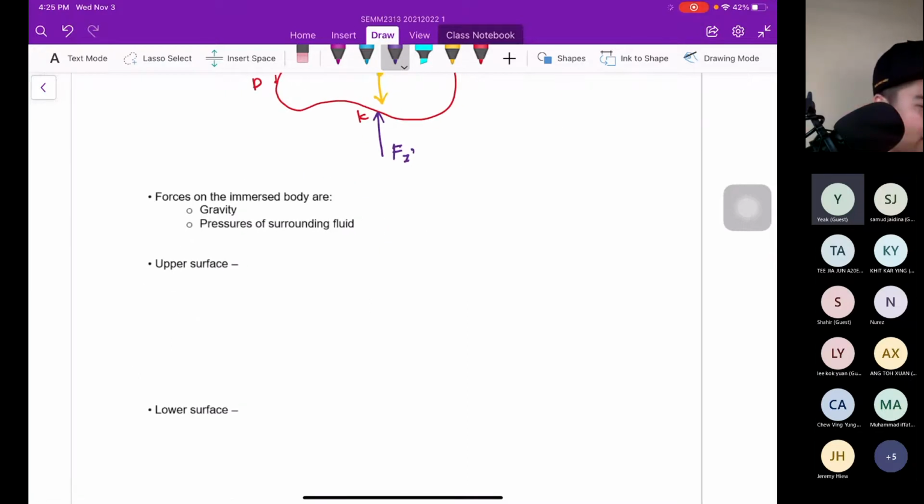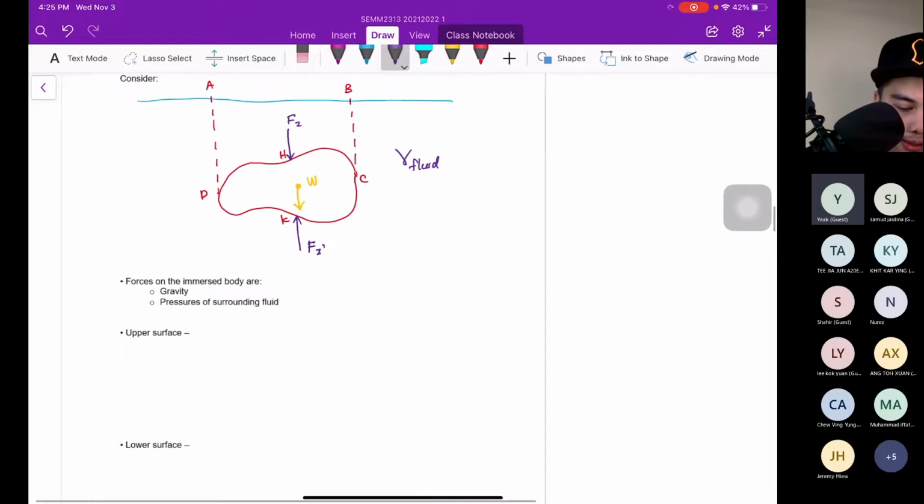So from here, the upper surface, you can see the upper surface here.